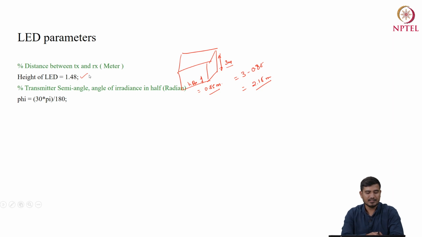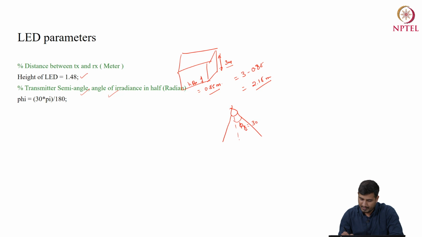Next, transmitter semi-angle, or you can say the semi-angle or angle of irradiance in half radian. You can also give this value in degree form, but as a standard value I have taken it in radian. So here I have taken the value of 30 degree, or in radian 30 into pi divided by 180. So what is this LED semi-angle? As you know, each LED mounted will transmit its power with this LED semi-angle phi 1 by 2.